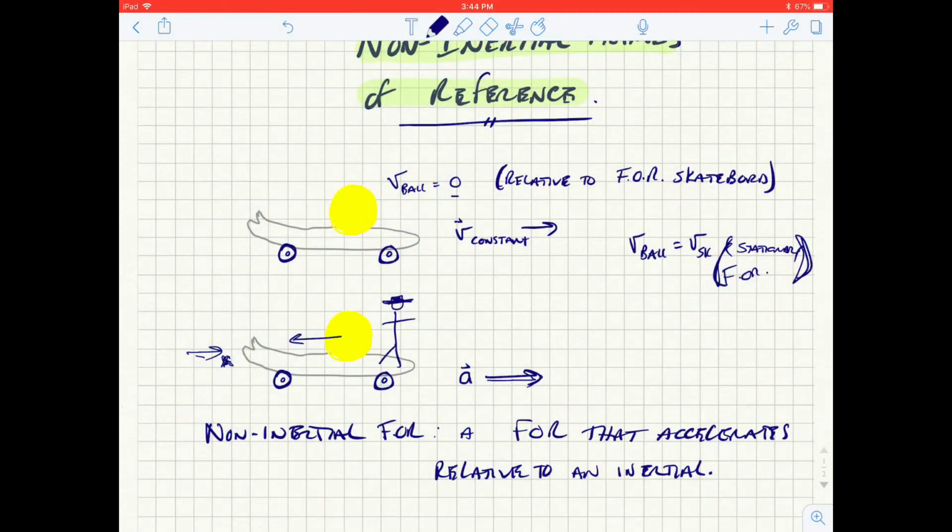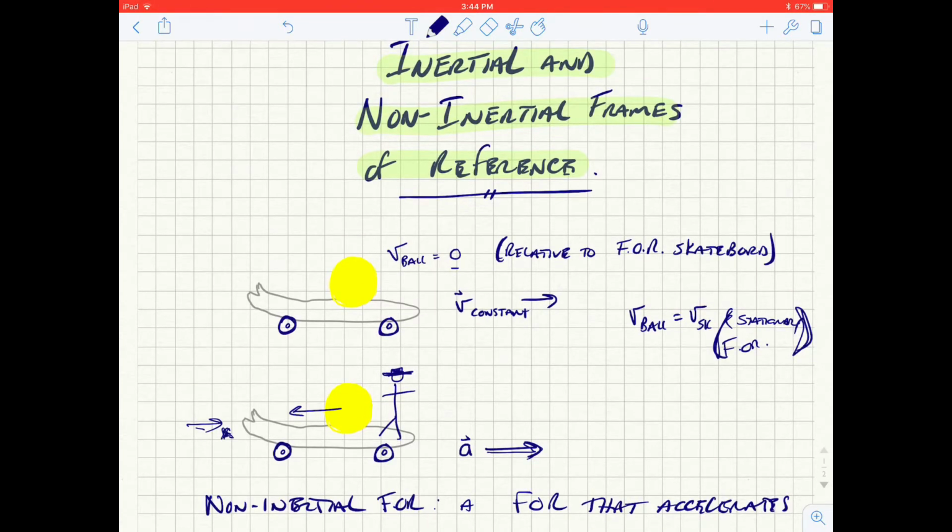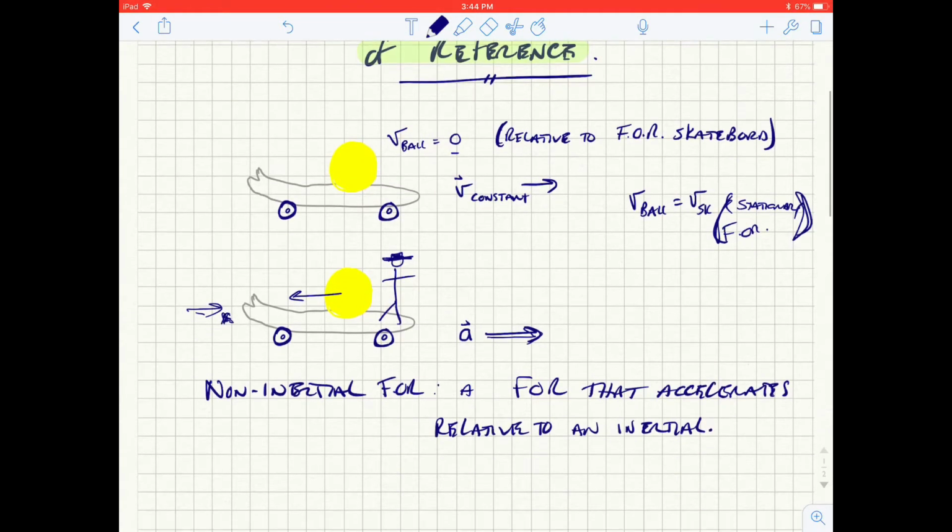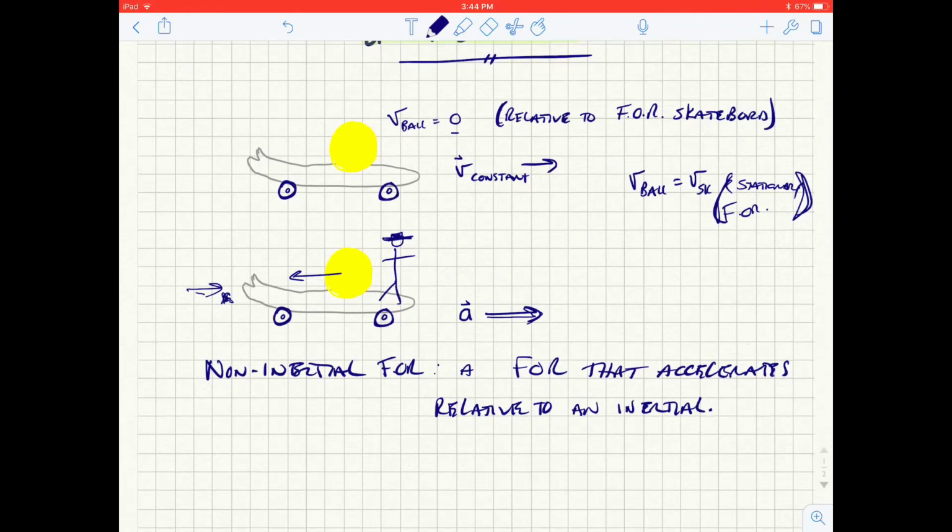Before we take a look at those examples, let's delve a little closer into the definitions of inertial and non-inertial frames of reference. We call inertial frames of reference inertial because it relates to Newton's first law, that is the law of inertia.